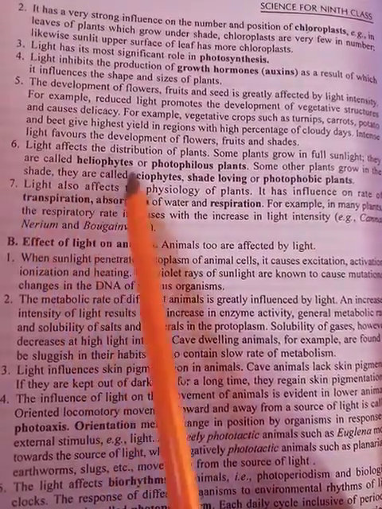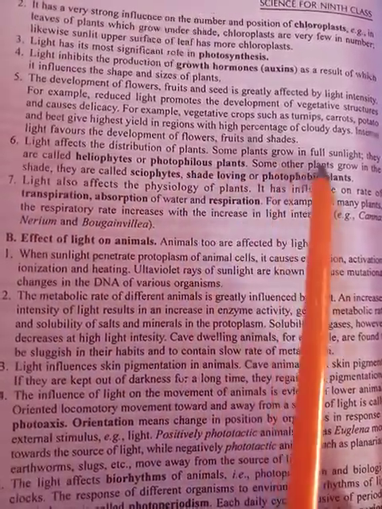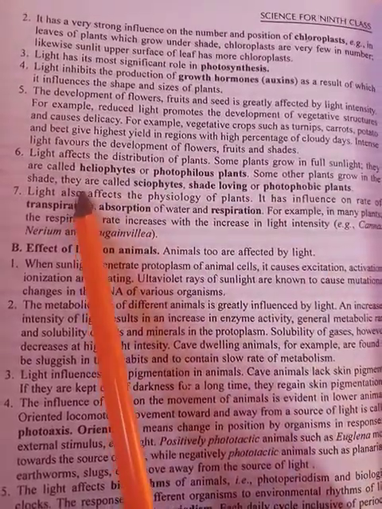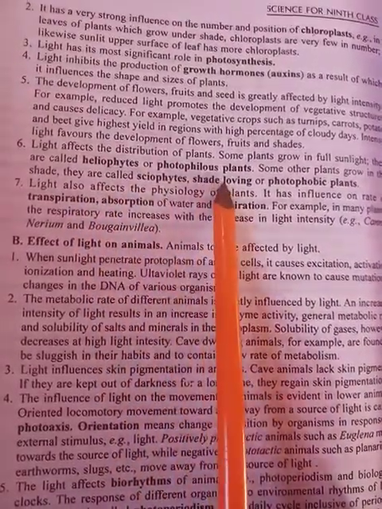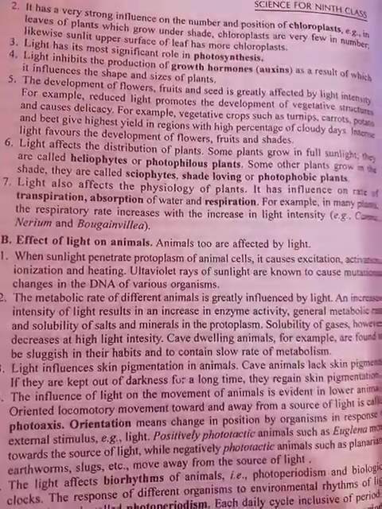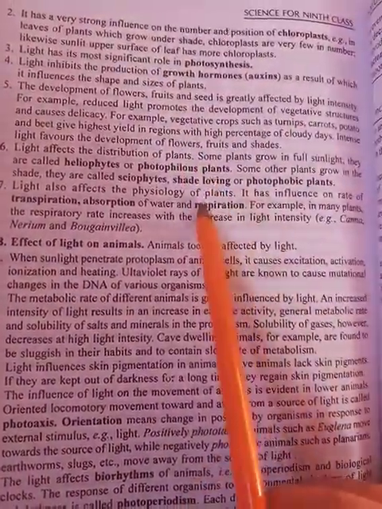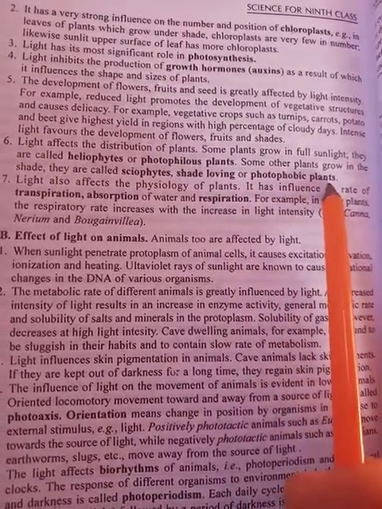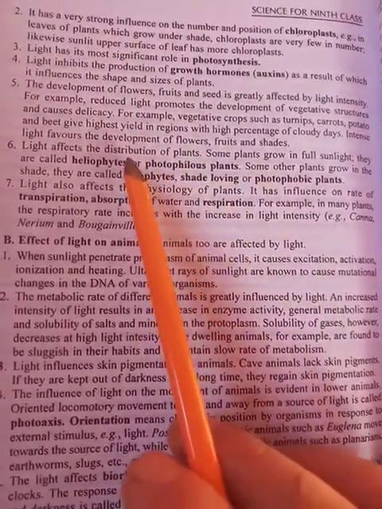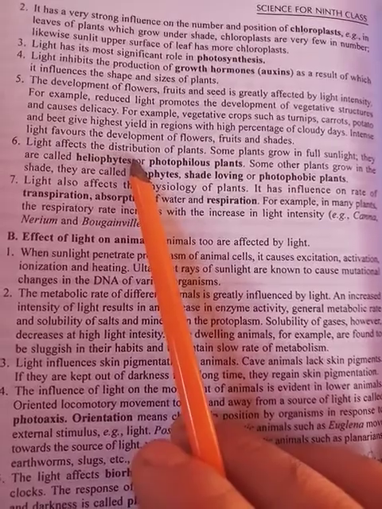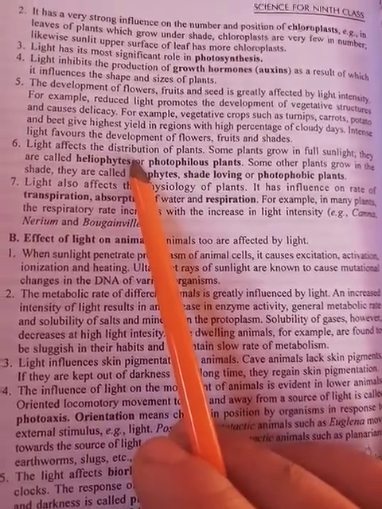Similarly, light affects the distribution of plants. Some plants grow in full sunlight. They are called heliophytes or photophilous plants. Some plants that grow in shade are called sciophytes, shade-loving or photophobic plants. It means that the plants are distributed on the earth due to the presence of light.